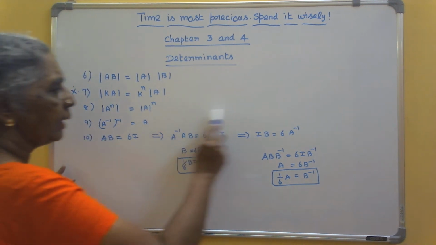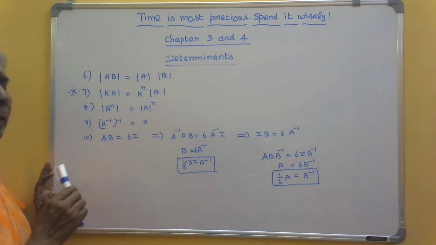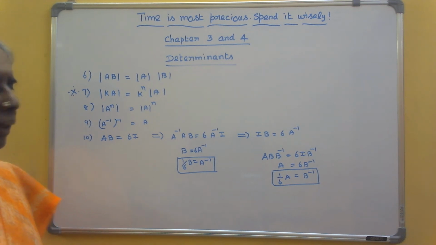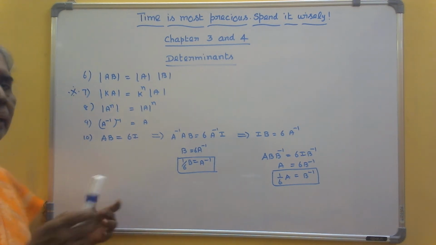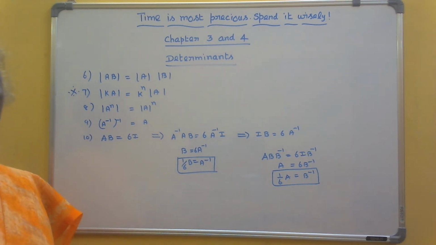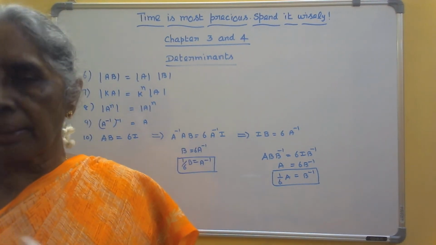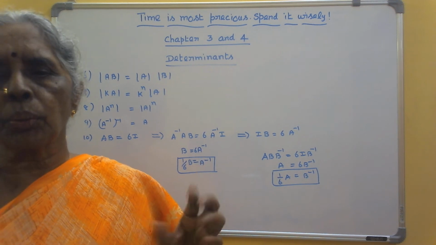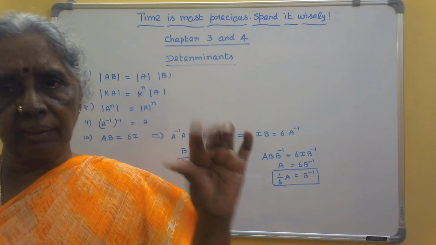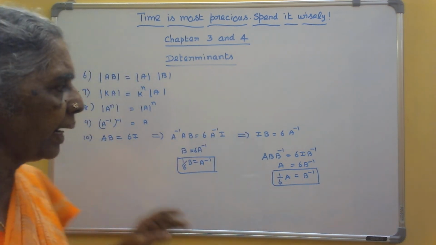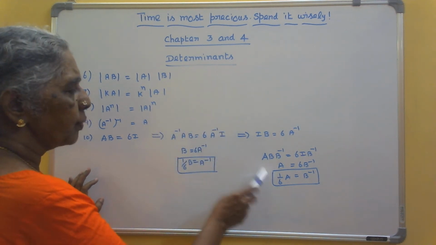Now, this 10th one may be used in the sums. That is, if you get AB is equal to 6I, AB is equal to 4I, AB is equal to 8I, like that, that is, the product is equal to some I matrix and some scalar, in that case you may have to use these concepts.